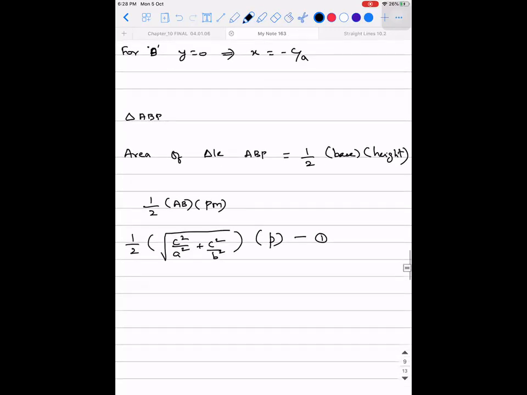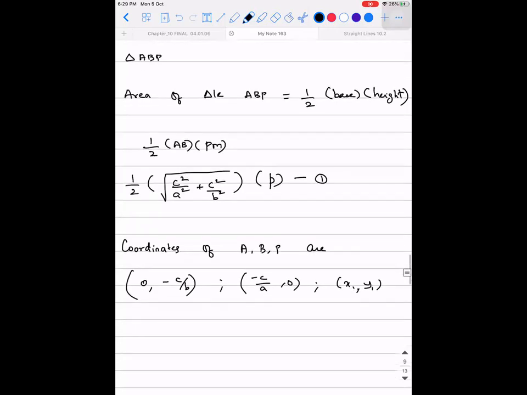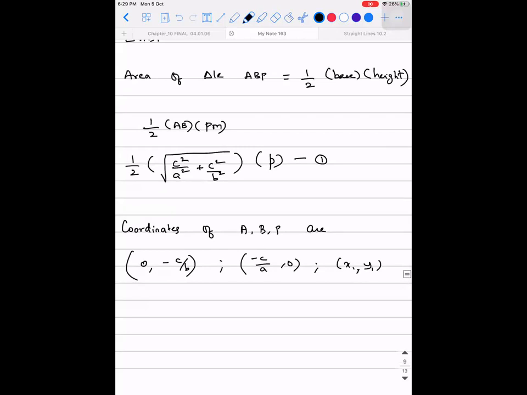Now listen. What are the coordinates of A, B and P? The coordinates of A is 0 comma minus c by b. Coordinates of B is minus c by a comma 0. So from your 10th standard basics, if there are 3 coordinates given to you, what will be the area of the triangle formed by these 3 coordinates?